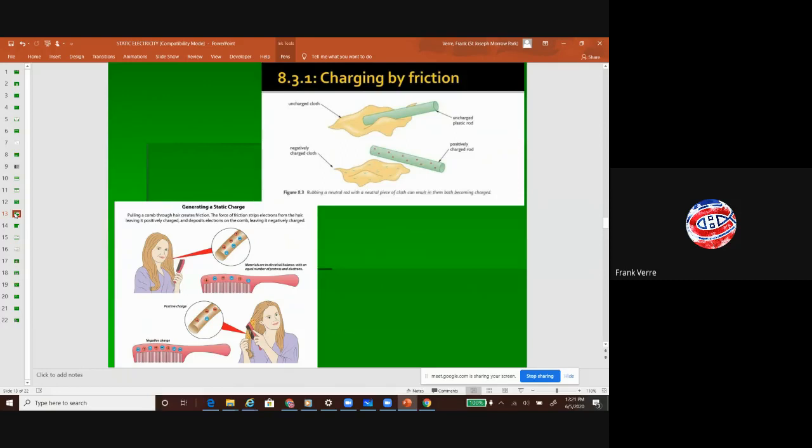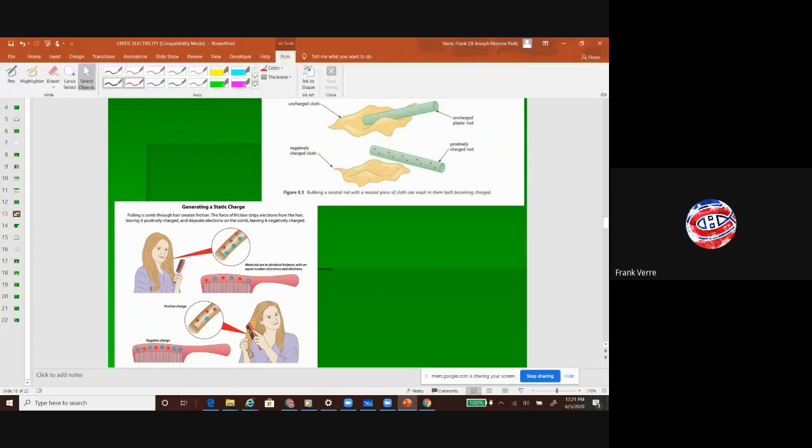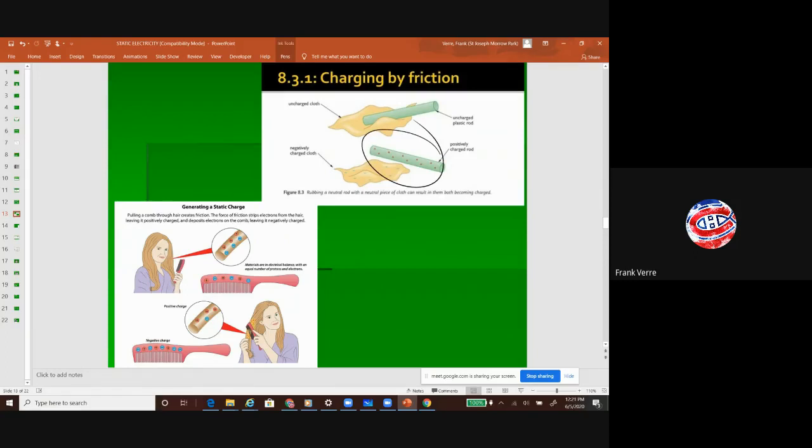In the top right corner, you can see a plastic rod and a cloth. Those are both insulators. Initially they're neutral, but after the cloth and the rod have been rubbed past each other, the rod has lost electrons and become positively charged. The cloth picked up those electrons and became negatively charged, right? That's triboelectrification.